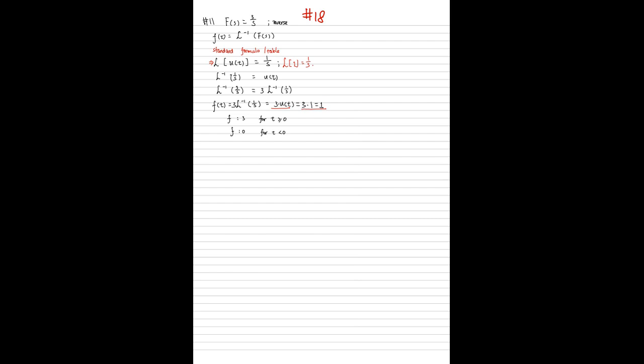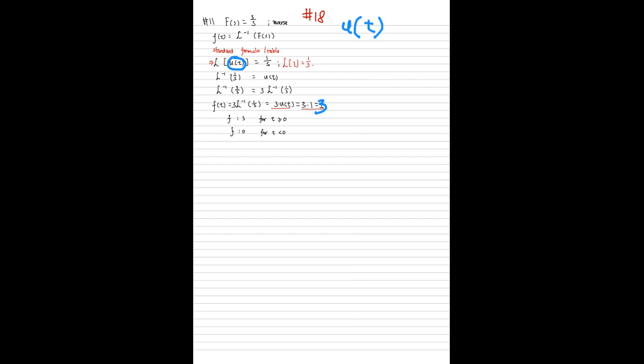Now I see your question. What is u of t? Is it a function, or what function? Where did you find it? Because if you want to use other people's notes, you have to know what u of t is. U of t here is just a variable.